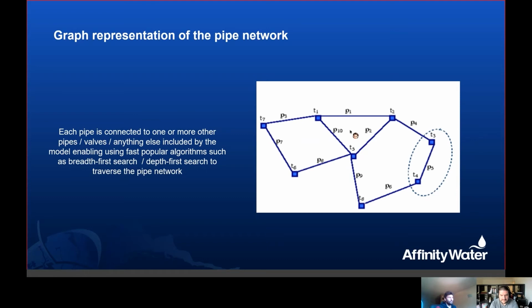But you can include any asset on the graph, and each asset will be a node, and each node is connected to one or more other nodes, and then each next node is connected to one or more other nodes, as the definition of the graph is.